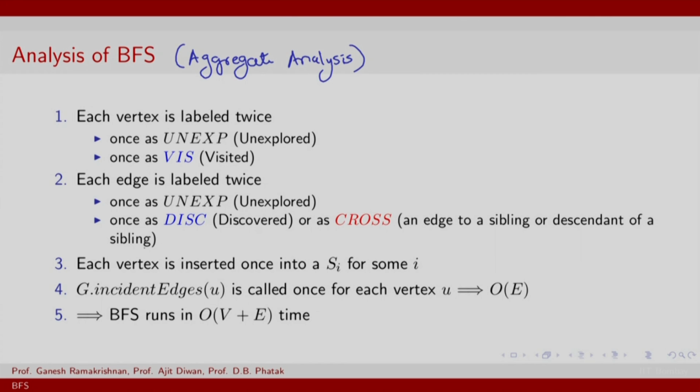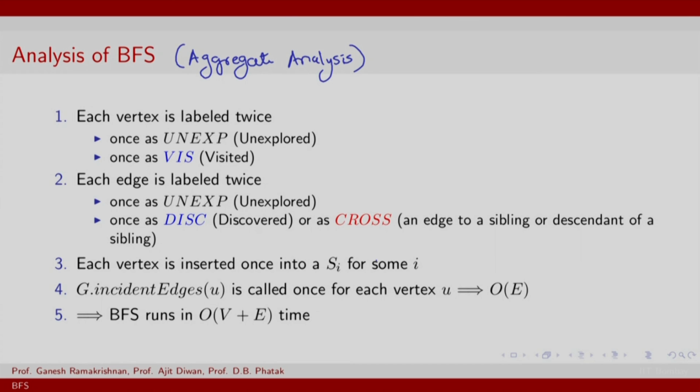Coming back to the initial algorithm, each edge is also labeled twice, once as unexplored, the other as discovered or cross. An edge is never labeled as both discovered and cross, it is either of them. Each vertex is inserted once into some Si. It cannot be inserted into multiple Si's, because a vertex is inserted only when it migrates from unexplored to visited, which happens exactly once. You look at all the incident edges for U exactly once.